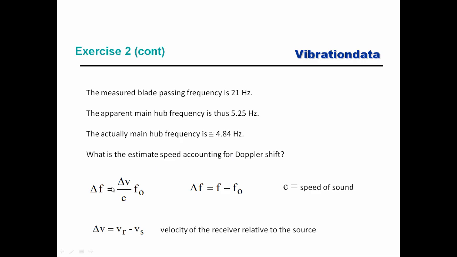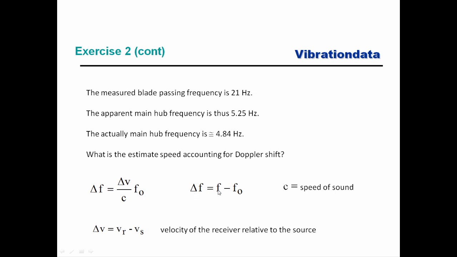There are different types of Doppler shift formulas you probably learned in high school physics. The frequency shift between those two frequencies is equal to the difference in velocity between the receiver relative to the source, divided by the speed of sound c, times the reference frequency, which is the actual hub frequency, in this case f sub 0.